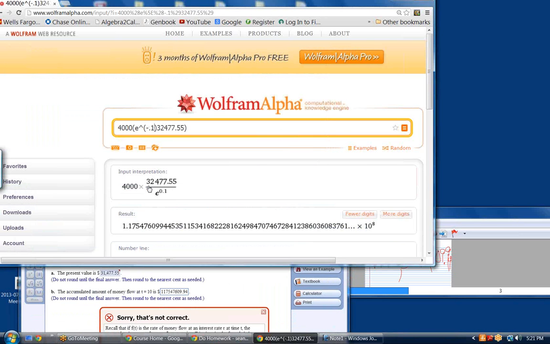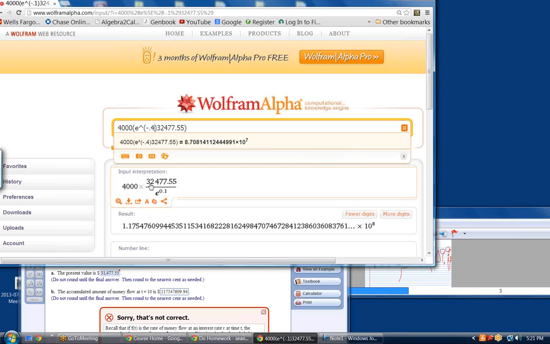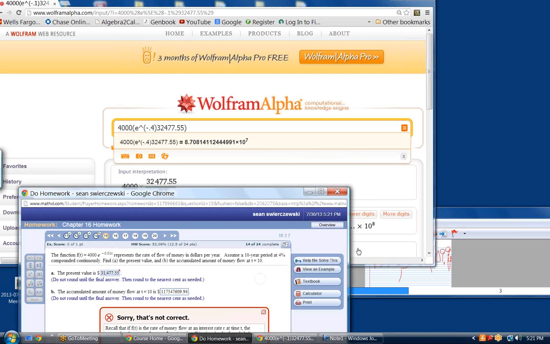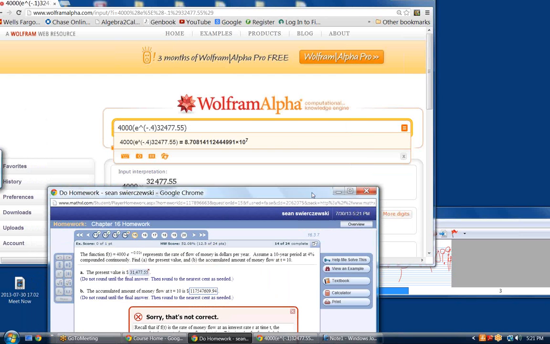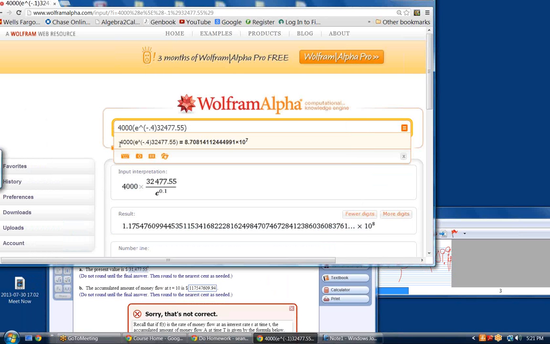E to the 0.4, and there's no 4,000 in front of it either. I wonder if we did that wrong yesterday. Oh no, yesterday we got the first part wrong and we got the second part right.